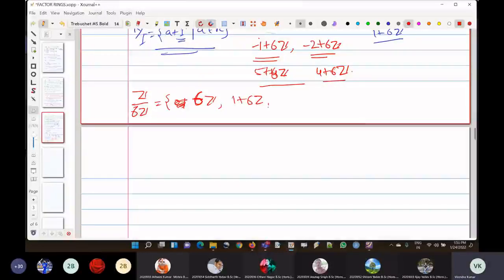Of course we can write 0 here. So 0 plus 6z, 1 plus 6z, 2 plus 6z, 3 plus 6z, 4 plus 6z, 5 plus 6z, like this.